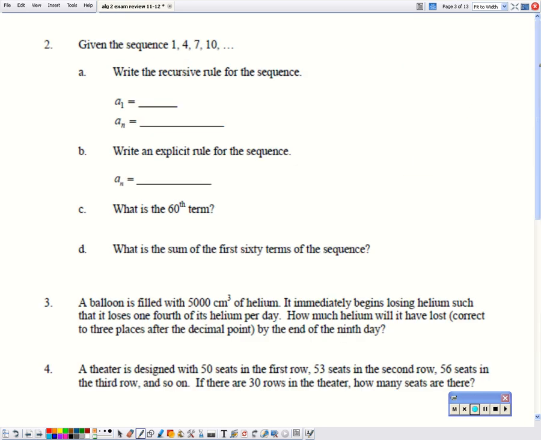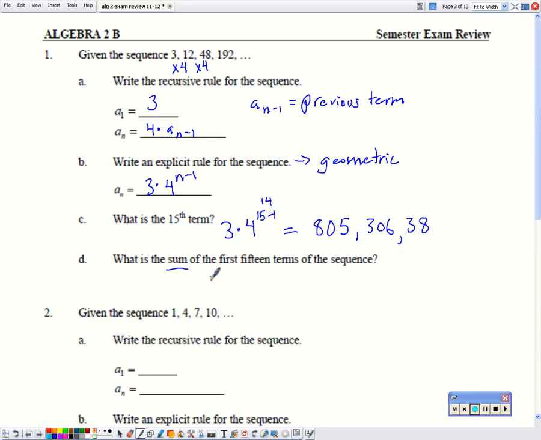So, the first term is 3. 1 minus the ratio raised to 15 divided by 1 minus the ratio. And again, this is all just going to go straight into my calculator. If you put it exactly like this, you're going to want to put another set of parentheses, like that.